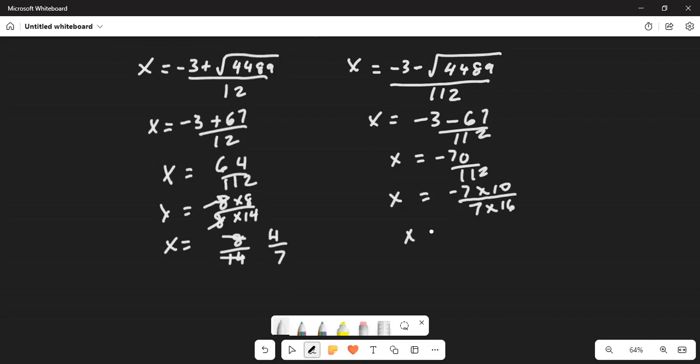And this x is minus 10 over 16, because the 7 in the numerator and denominator cancel, which by further taking out the common factor is minus 5 over 8. Minus 5 over 8. Let me write it clearly.